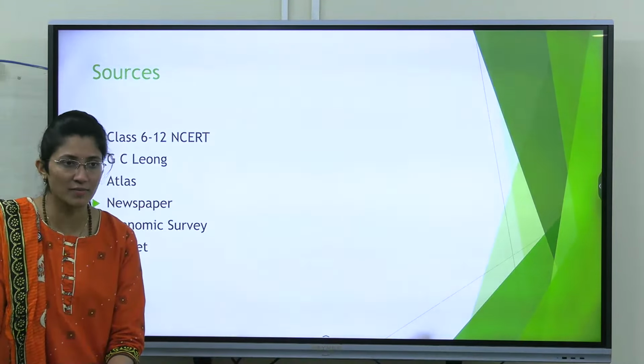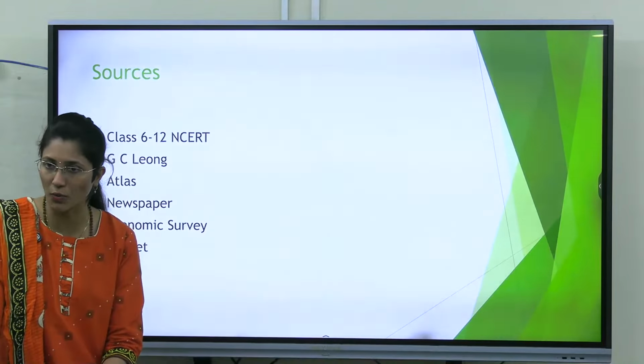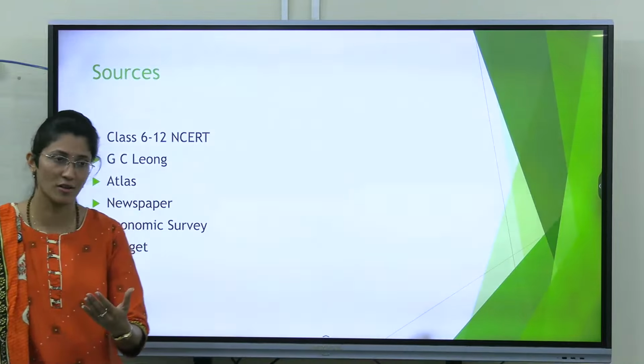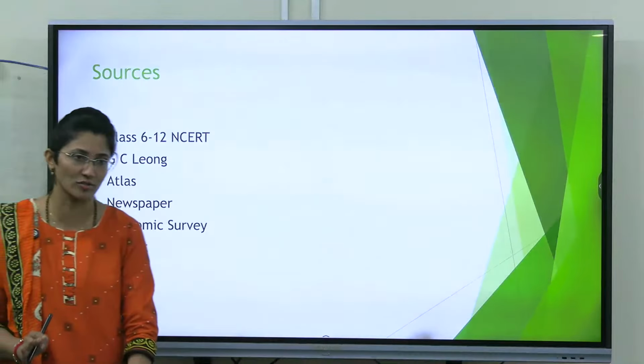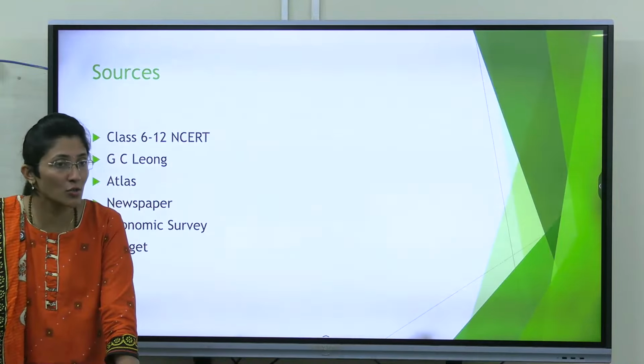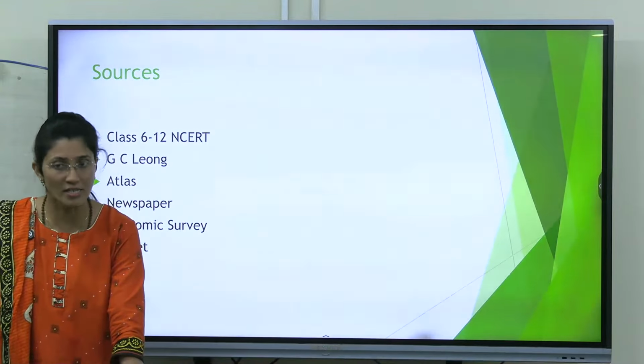Recent earthquakes like the Turkey earthquake or Nepal earthquake, or whatever earthquake happened recently: in which region, what is the cause, what is the nature of boundary interaction. You should know that. And places in news, why are these places in news? You should also know the reason.